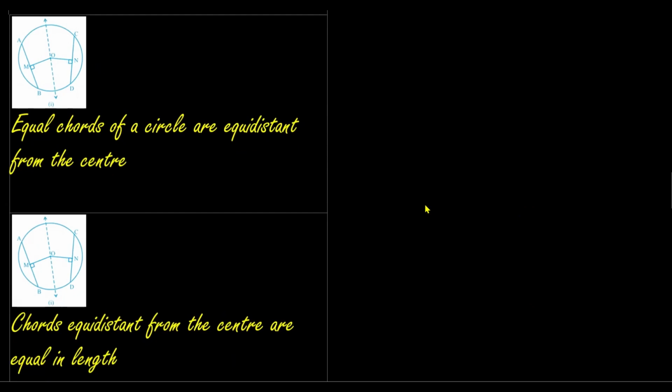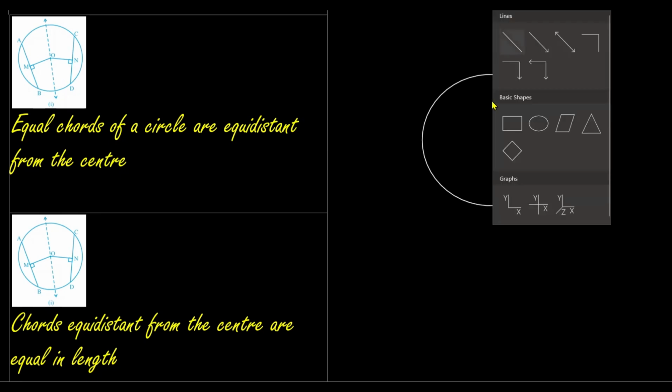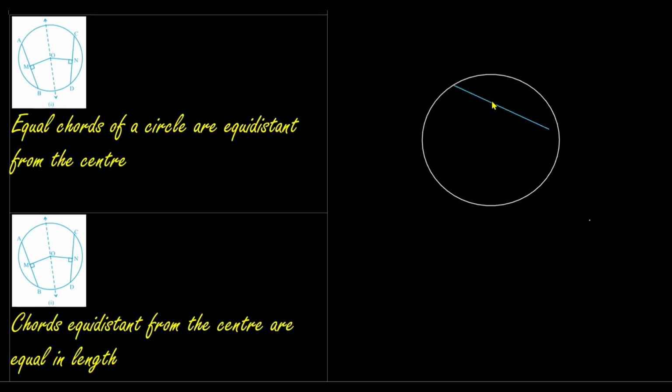Next it says that equal chords of a circle are equidistant from the center. Equidistant implies at equal distance. So once again, I'll make a circle and two chords, which are equal in length. Let's say this chord is AB and another chord is CD, and O is the center of the circle.